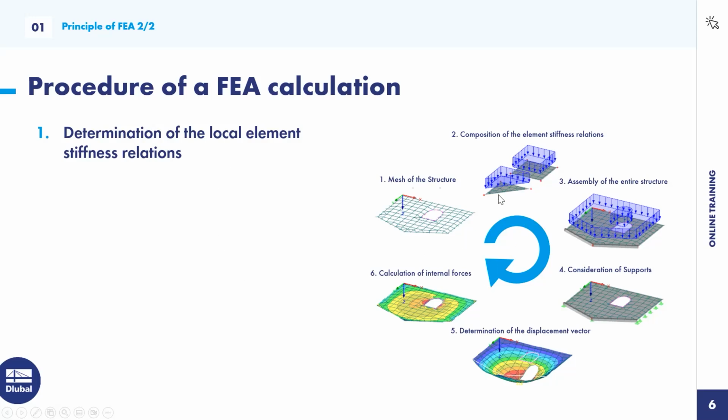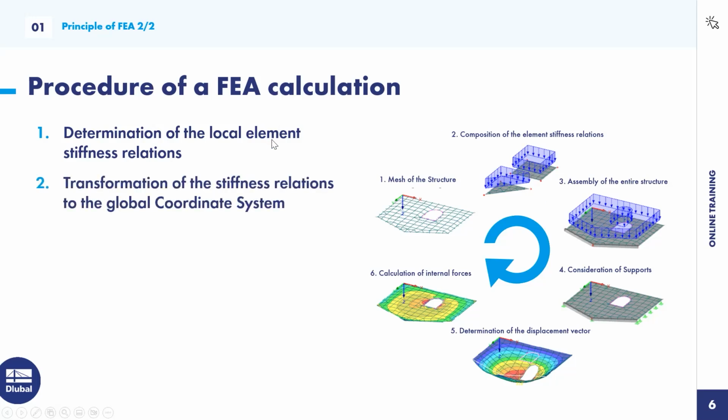For these finite elements, we can define the stiffness matrix, the element stiffness matrix, as well as the element load vector. So if we only inspect one finite element, the system is already known. In the next step, we will combine all of those elements, and therefore we combine the element stiffness matrices and the element load vectors into the global stiffness matrix as well as the global load vector.